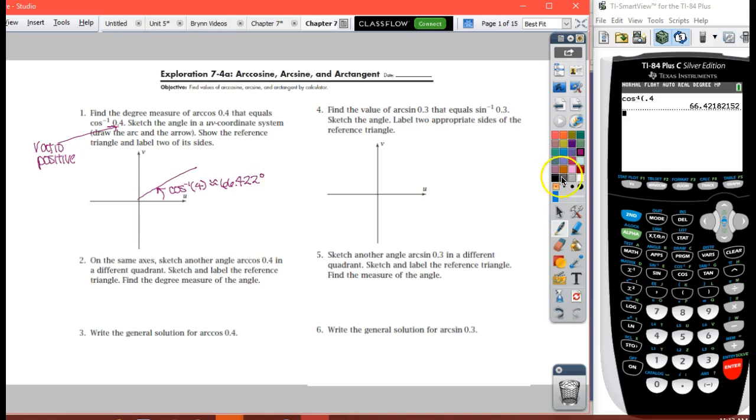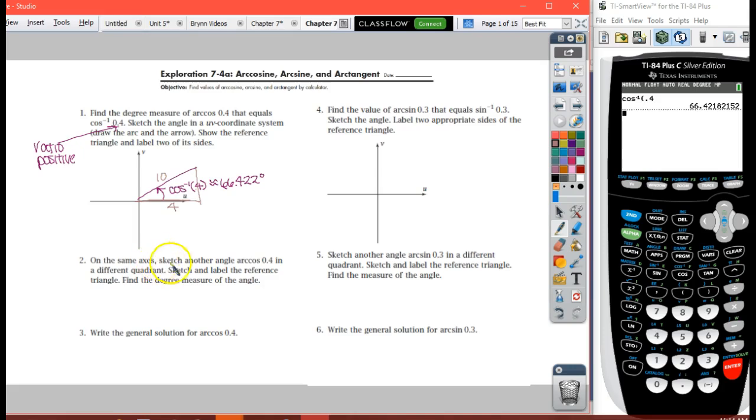So we could draw in this reference triangle. And since my ratio is 0.4, we could write the adjacent side as having a length of 4, and my hypotenuse having a length of 10, since 4 over 10 would equal 0.4.